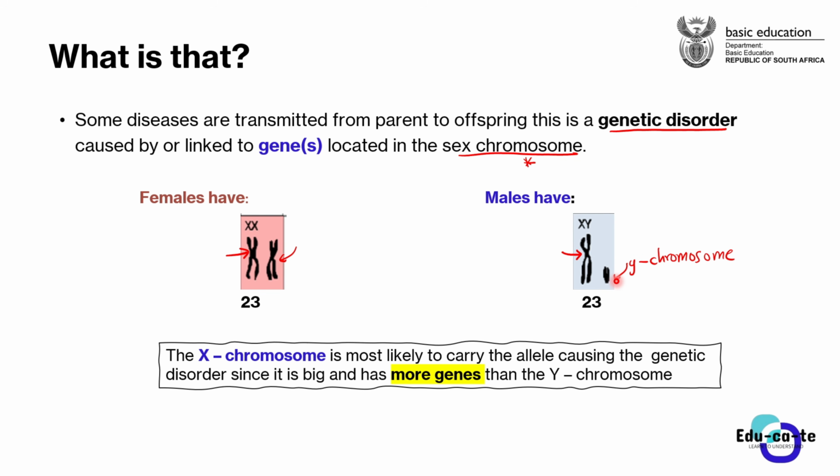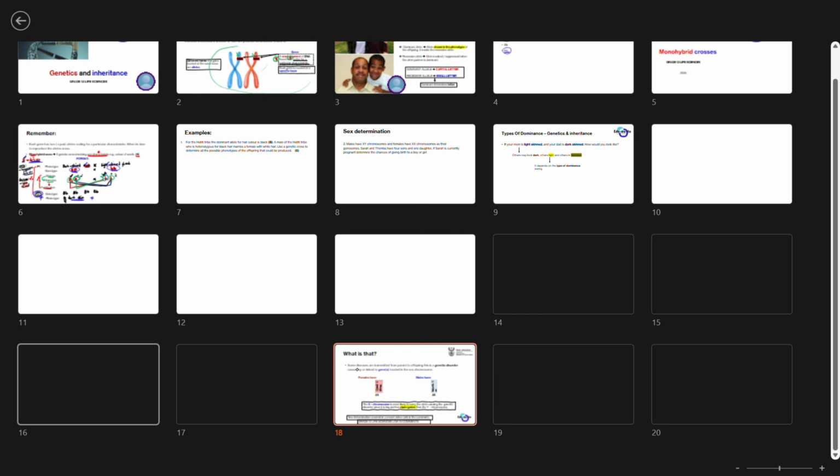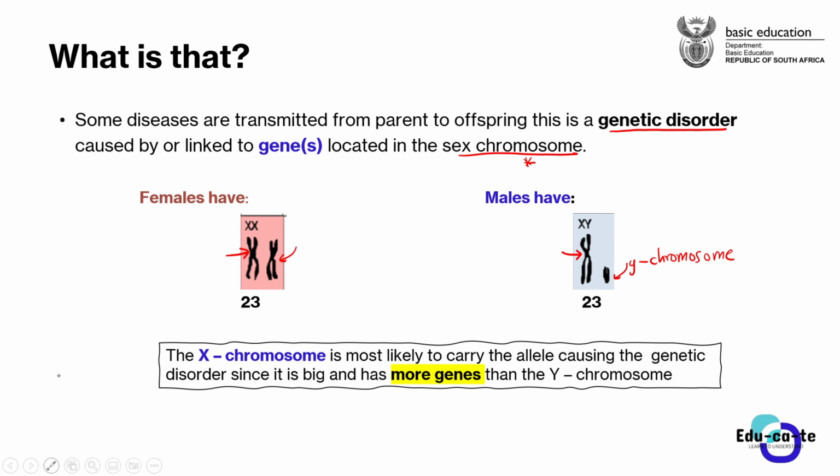So the X chromosome is the one that is most likely to carry the allele causing the genetic disorder. Whenever we have a sex-linked disease that is transmitted from parent to offspring, it actually sits on the X chromosome. Those sex-linked conditions are alleles that sit on the X chromosome.